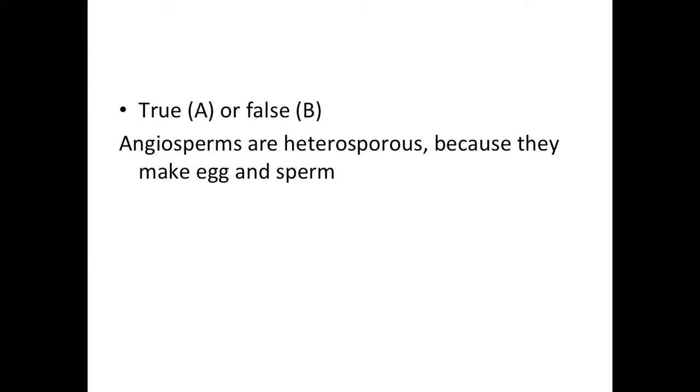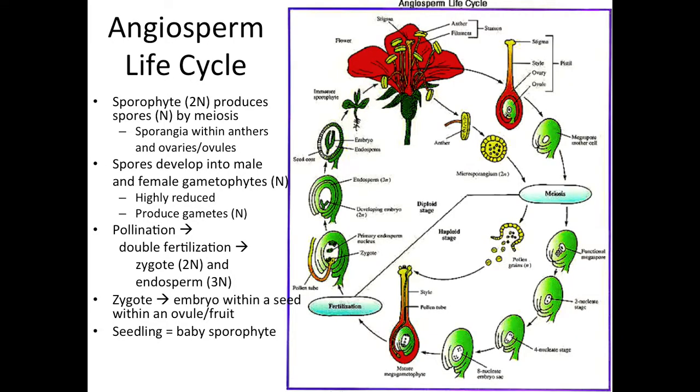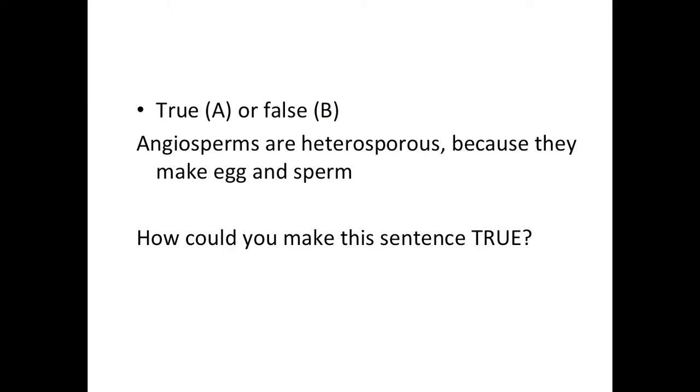Write your answer out on a piece of paper. So that sentence is false. How could you make that sentence true? That's what I want you to write out on your piece of paper. How will you have to modify that sentence so that it's a true statement?